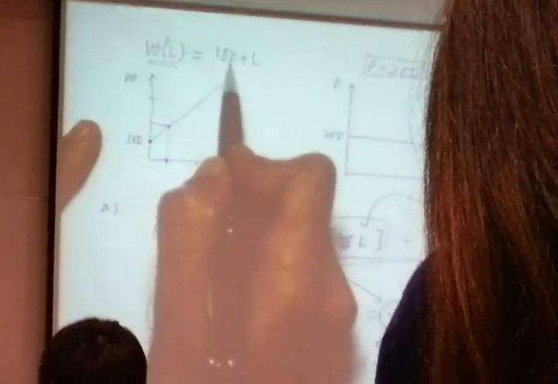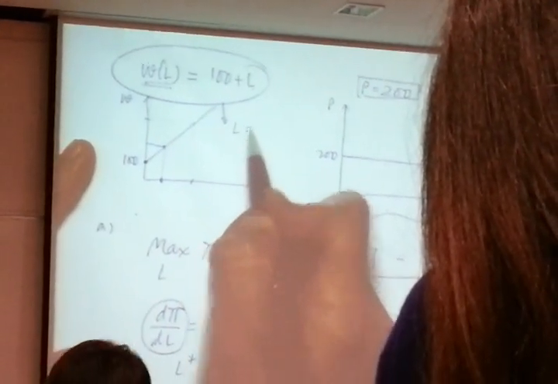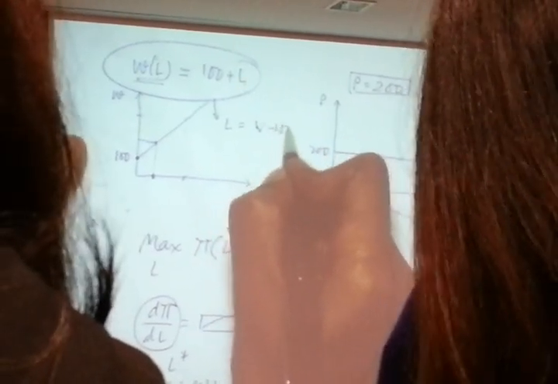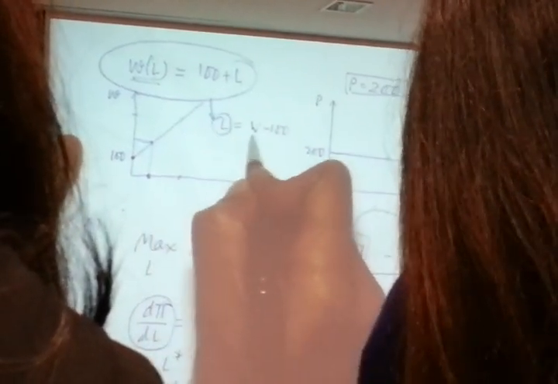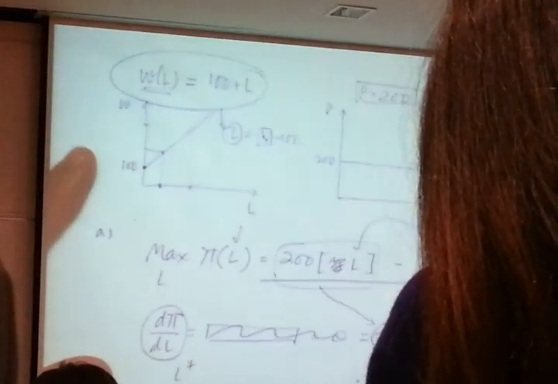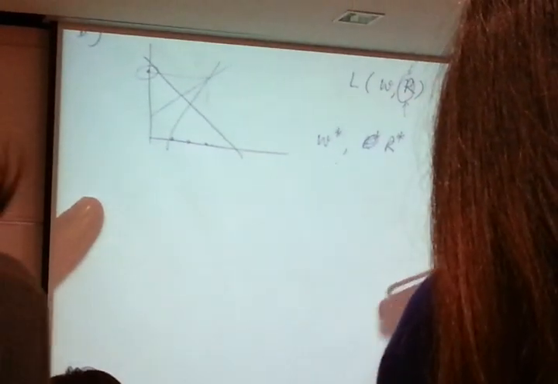Previously, the amount of labor you could hire depended on what? W equals 100 plus L, right? If I wanted to write it as L equals W minus 100, previously the amount of labor you could hire depended only on W. That was the function before. Now the function has become L equals a function of W and R, minus 100.